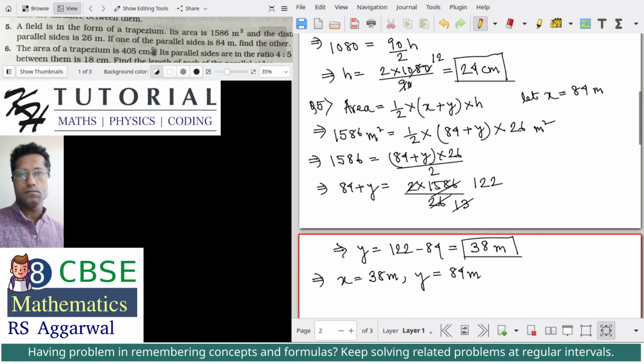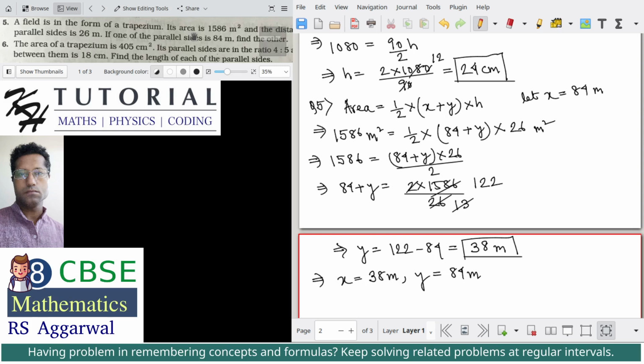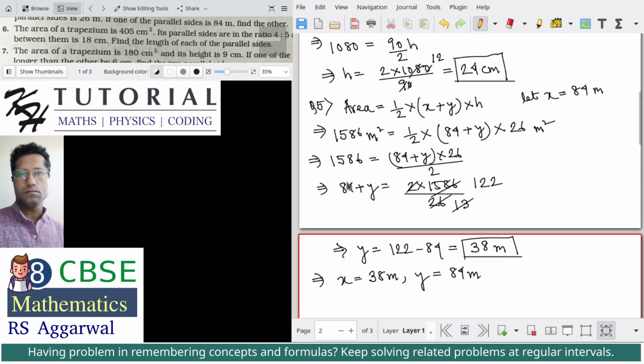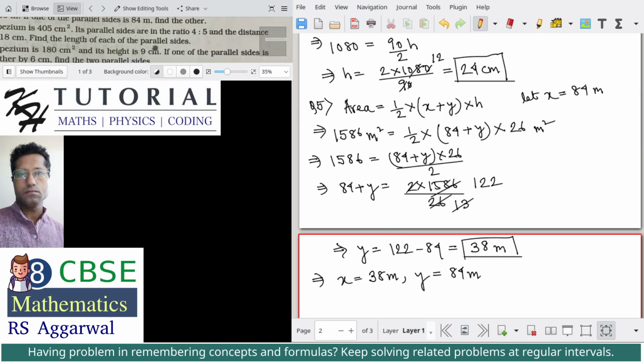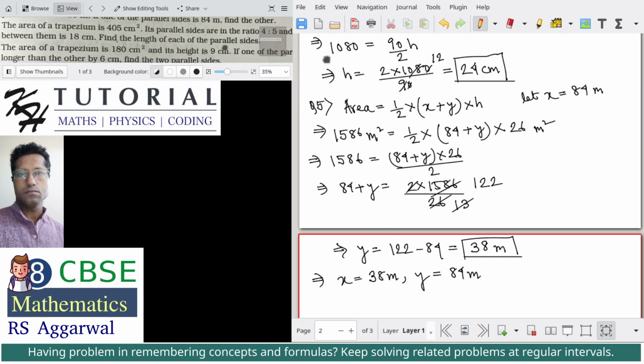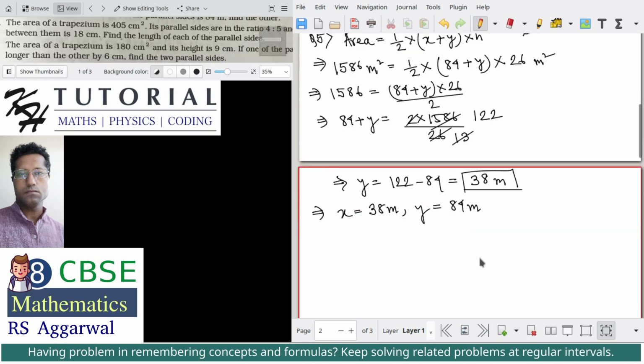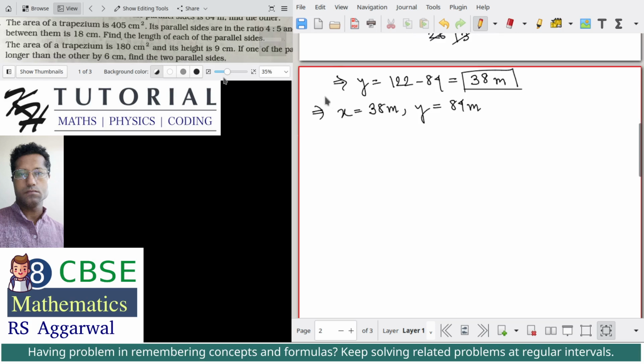Okay. Let's see question number 6. The area of a trapezium is 405 centimeter square. Its parallel sides are in the ratio 4:5 and the distance between them is 18 centimeter. Find the length of each of the parallel sides. Question number 6.